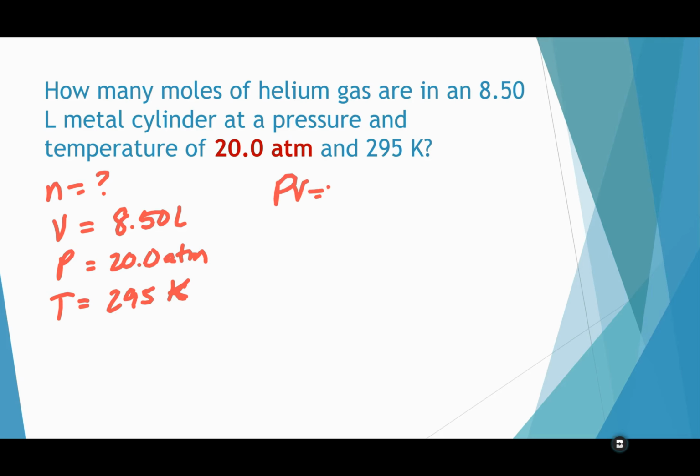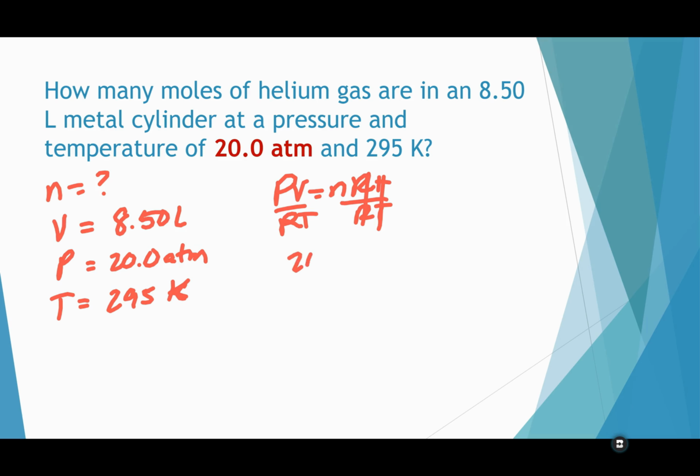So PV equals nRT. So we're going to solve for N. Divide both sides by RT.